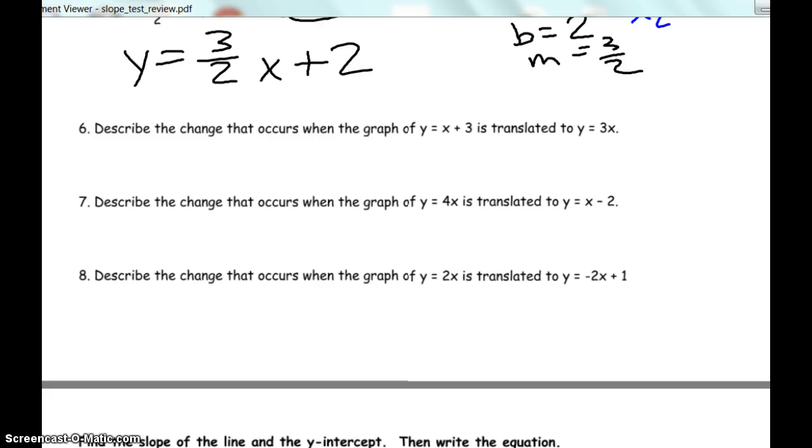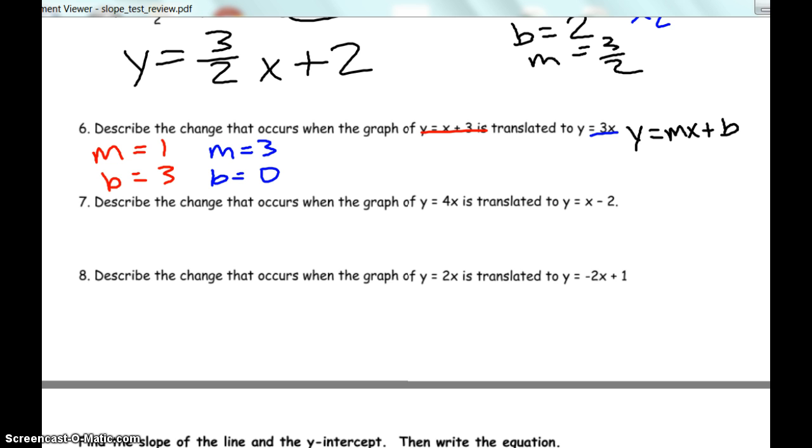So when we have y equals mx plus b, in our first equation, which we'll do in red, our m, or our slope, is 1 and our b is 3. When we look at our second equation, our m is 3 and our b is 0.